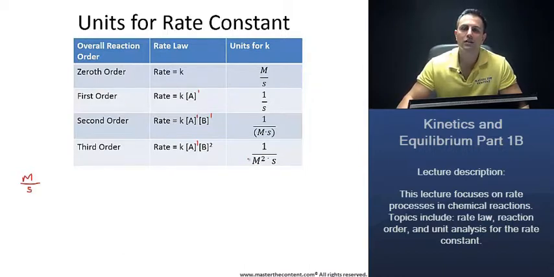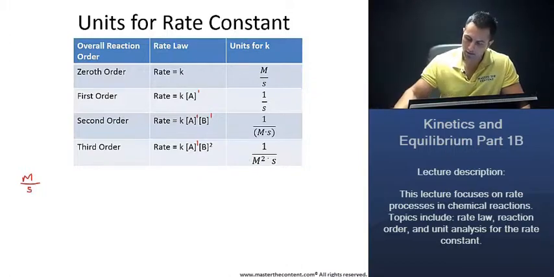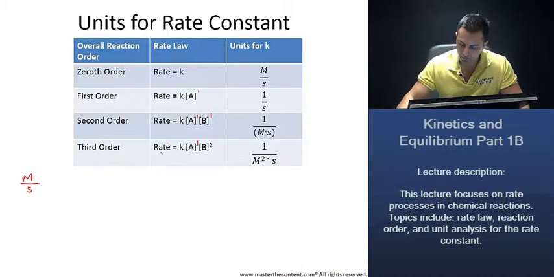So let's actually do an example here so you're comfortable, because somehow there's always a question that pops up on this stuff. So we already said that the units for rate are molar per second, so we'll just pick that up over here, right?